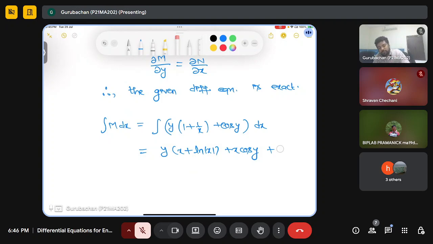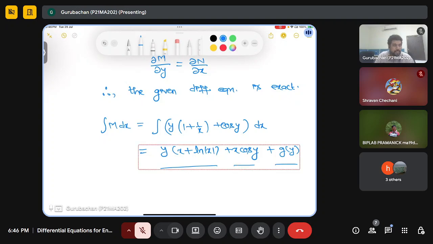So this will give you some g of y. If you are not understanding, then apply ∂M/∂x here. If you differentiate this with respect to x, you will get y(1 + 1/x) and cos y, and since you are differentiating with respect to x, g of y will be 0. So I hope now you understand why there is a function of y rather than only a constant.